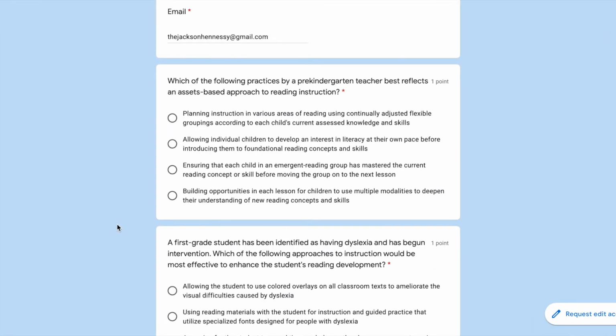Which of the following practices by a kindergarten teacher best reflects an asset-based approach to reading instruction?